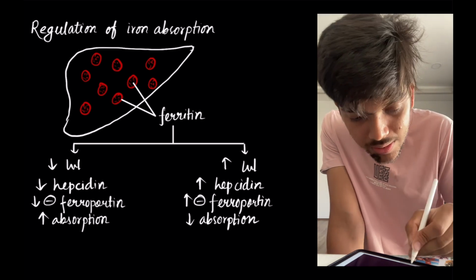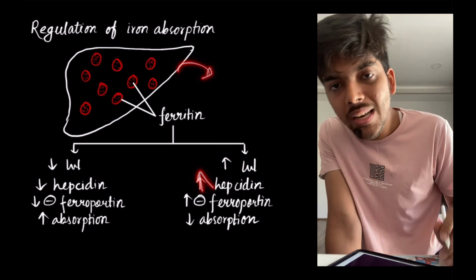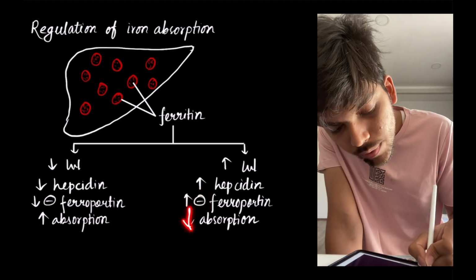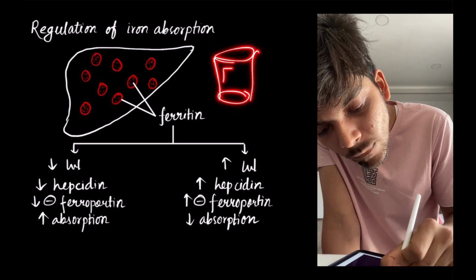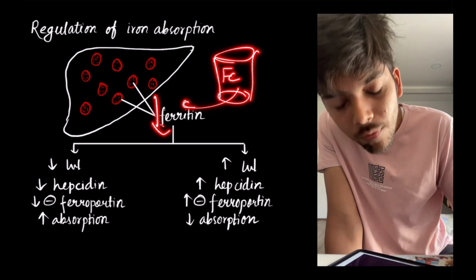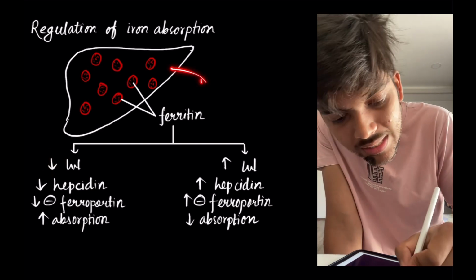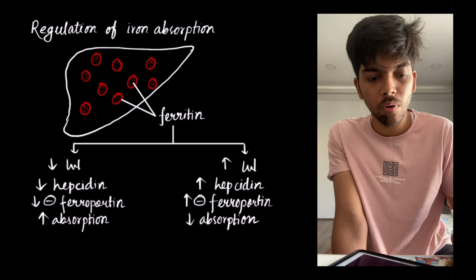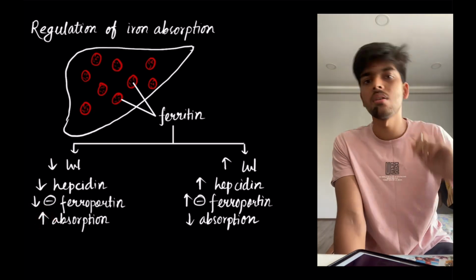How does this take place? Ferritin level increases, hepcidin released from the liver increases, inhibition of ferroportin increases, absorption decreases. Similarly, if there is less iron in blood, there is less stored iron in your liver, less ferritin, so the liver starts secreting less hepcidin, there is less or no inhibition of ferroportin, and there is more absorption of iron to bring iron back to its normal level.